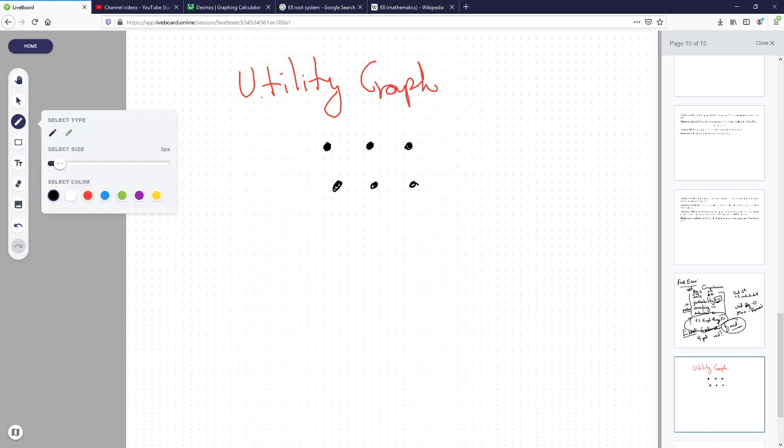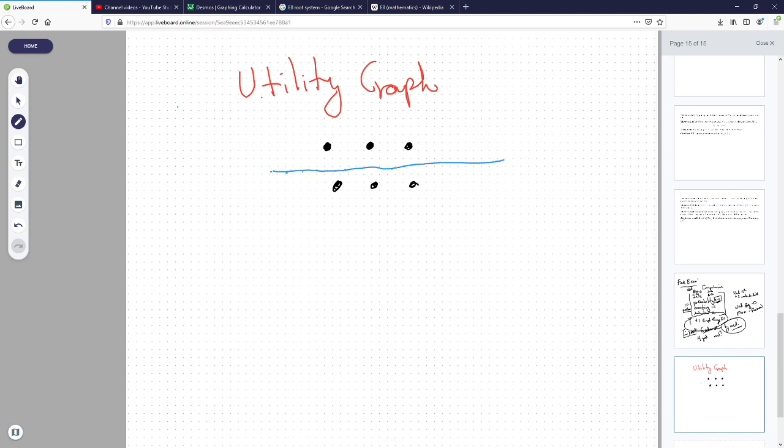So I'm actually dividing it up this way. It depends. Yeah, probably. So here's the utility graph.